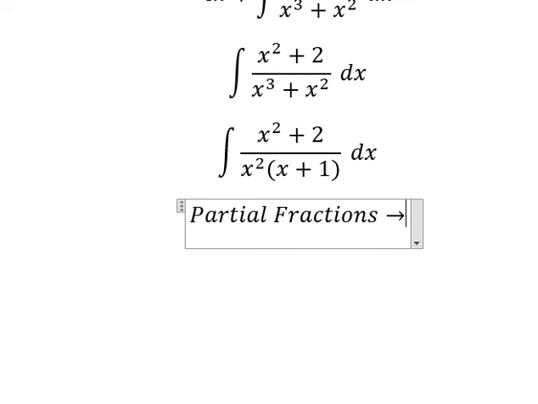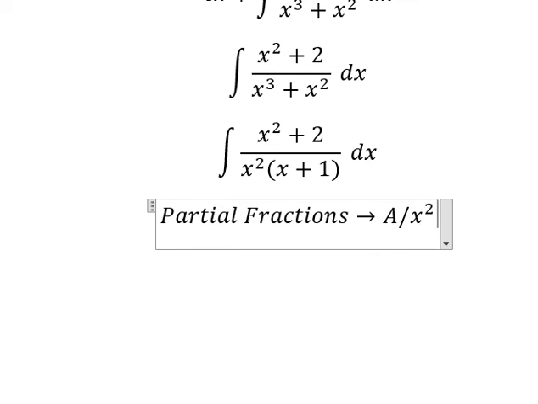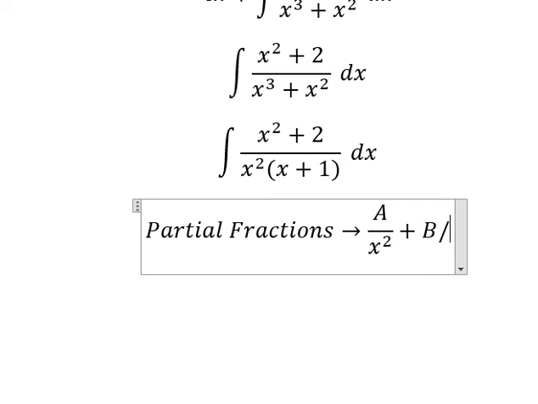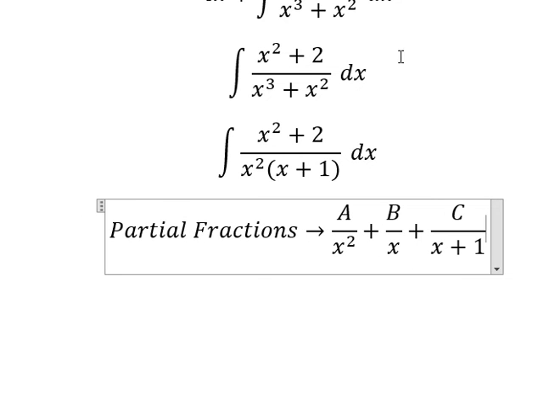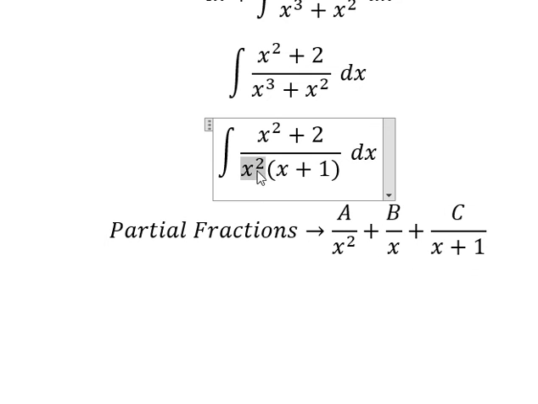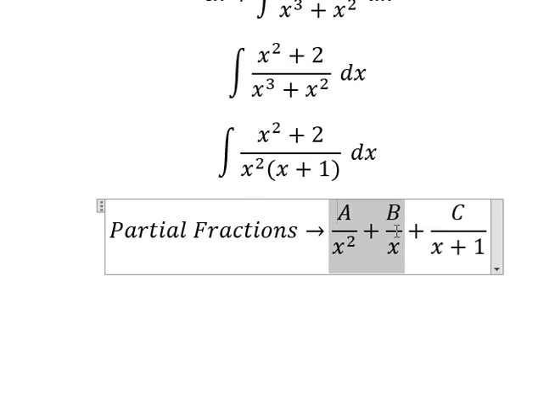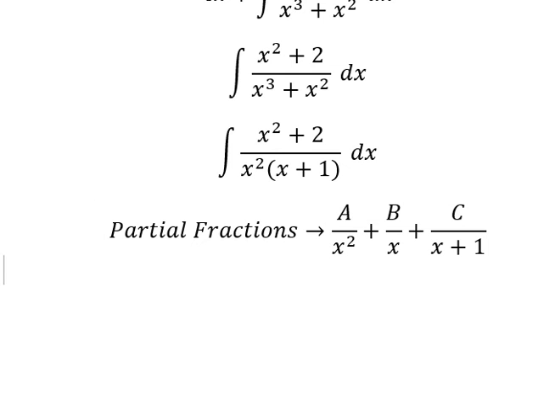So I will put capital A over x squared, capital B over x, and capital C over x plus 1. Because we have x squared, that's why we need to have two fractions. Later, from number 2, we reduce the power to number 1. That's why we have two fractions in here.